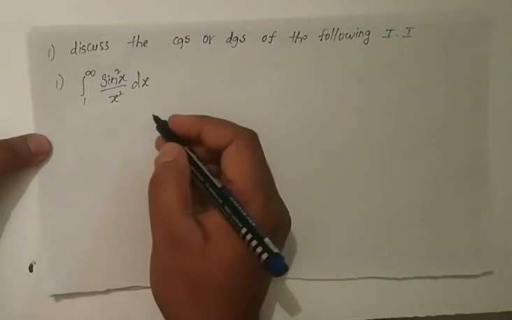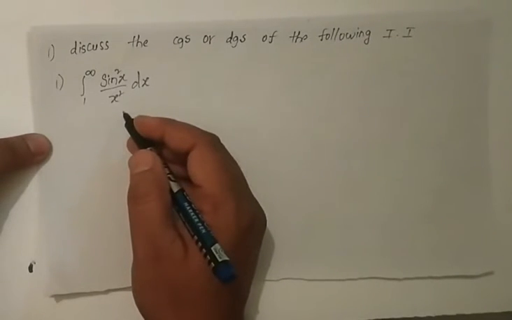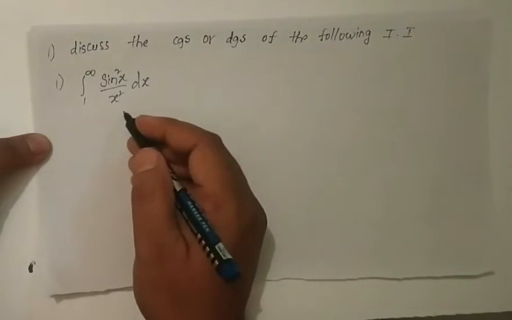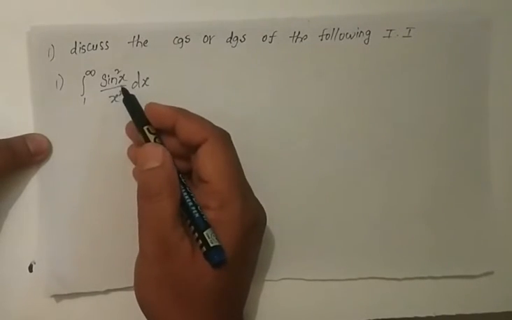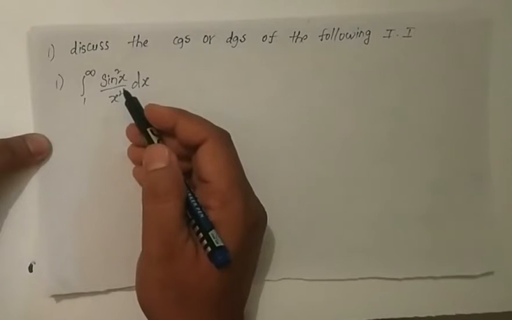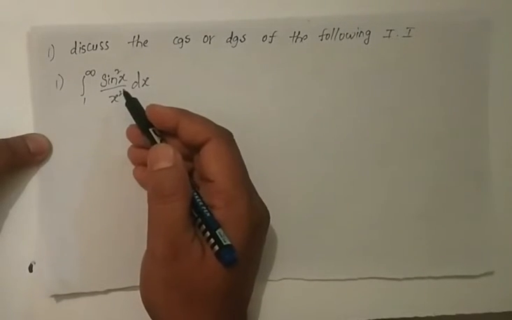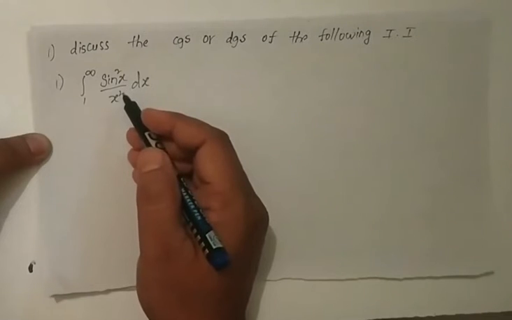How to evaluate this improper integral by using the comparison test? We already know that sin x lies between minus 1 and 1, so sin square x is always less than or equal to 1.